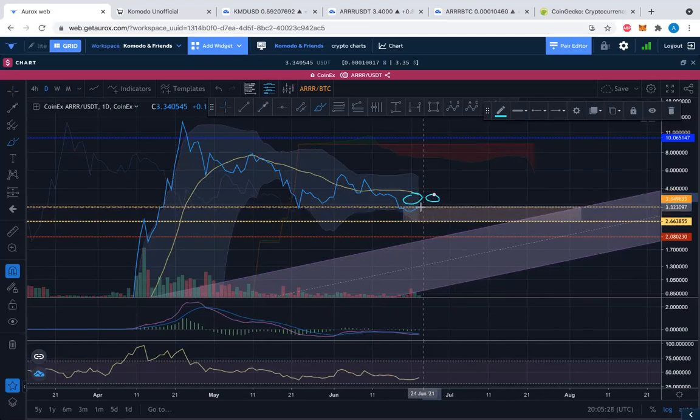Then again, this is the resistance right now, and in the 4-hour time frame, it looks like we're coming down before we're going up. That would mean we are most likely rejecting off of this orange support resistance line. And that's about it. That's the dollar view.